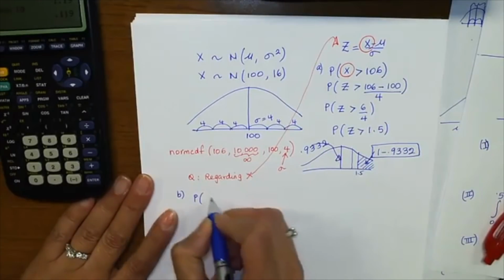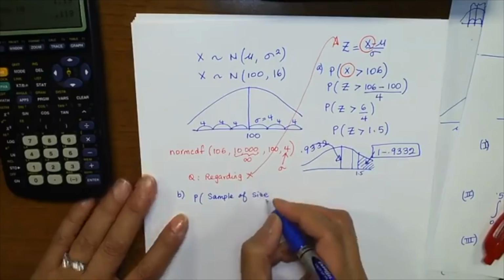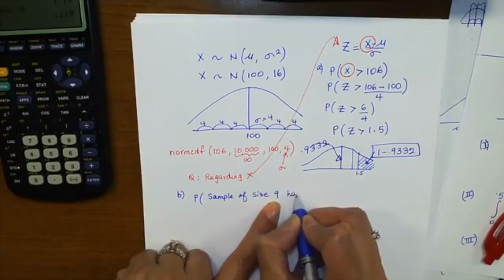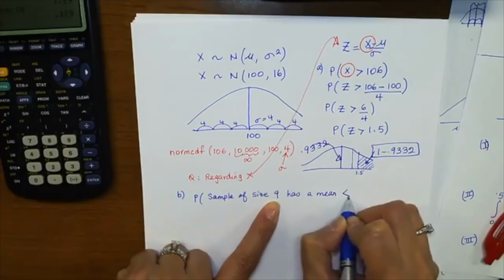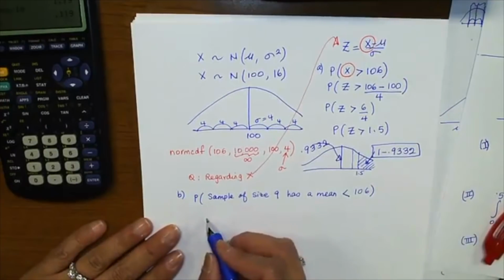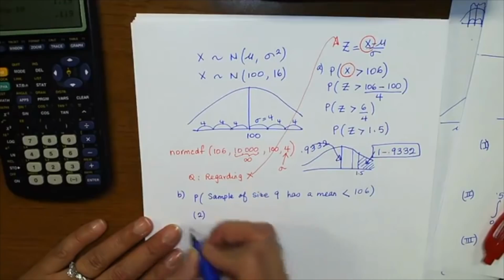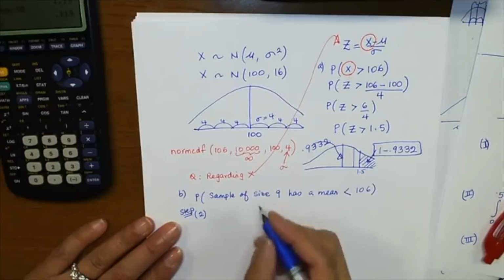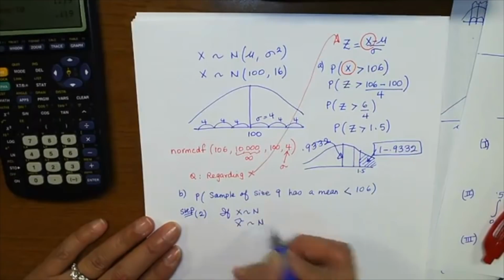Next question. Part B: find the probability that a sample of size 9 has a mean less than 106. Let's take a different size because the sigma is 4. So we use step 2, the step that comes right before the central limit theorem, which says if x is normal, then x bar is always normal.